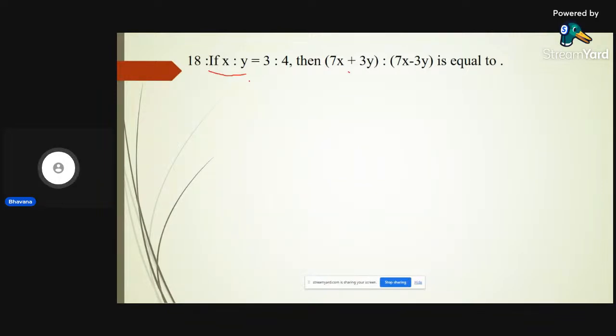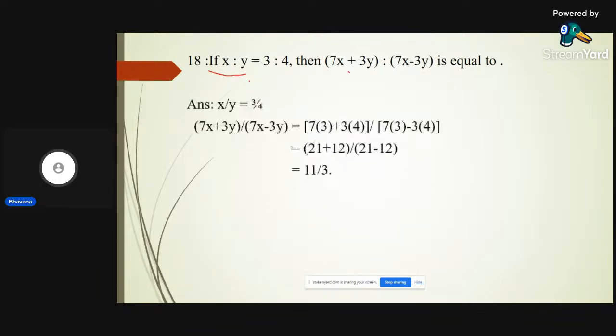So what is the answer for this question? Here it is already given that x is to y is in the ratio format: x is 3 and y is 4.